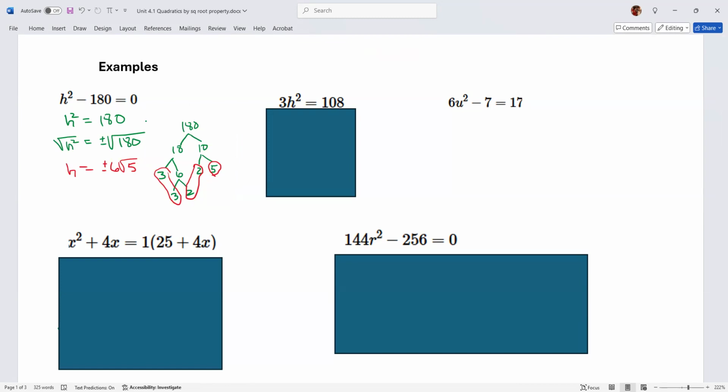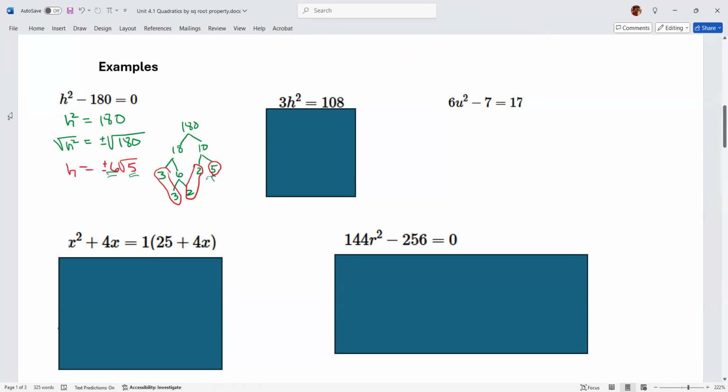We can see that we have 2 3s, so that means a 3 came out. We have 2 2s, that means a 2 came out. Well, 3 times 2 is 6, so that's where the 6 came from. And then we have the 1 5 left over, so it remains underneath. And so h would be plus or minus 6 square root of 5. So there's actually 2 solutions. Very simple. This is really very, very simple.